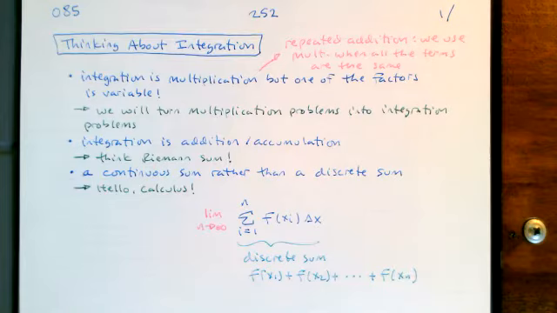But taking the limit as n goes to infinity, that's taking our discrete sum, and now we're not adding up a discrete number of values of the function. Now we're adding up continuously the values of the function.